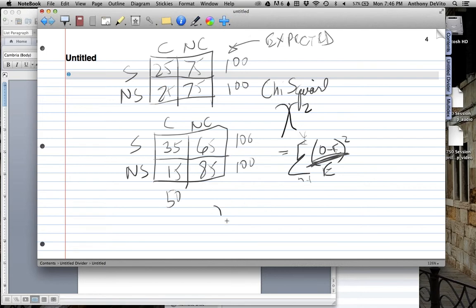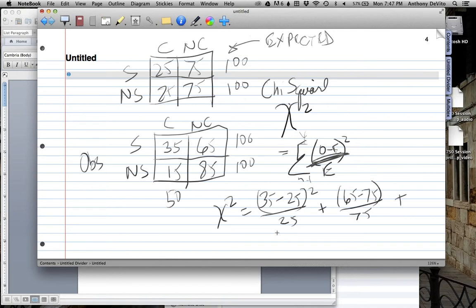So, what is chi-square equal to in this case? Chi-square is equal to, well, for the first one, it's going to be observed. This is our observed value. It's going to be 35 minus 25, squared, over, what was our expected value? 25. Plus, the next box is going to be 65 minus 75 over 75.